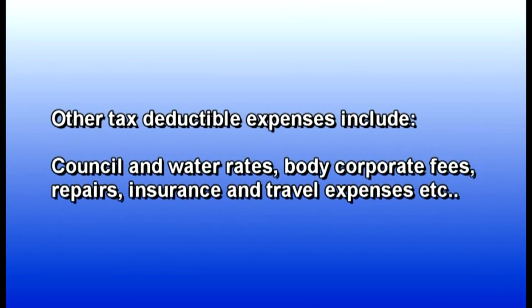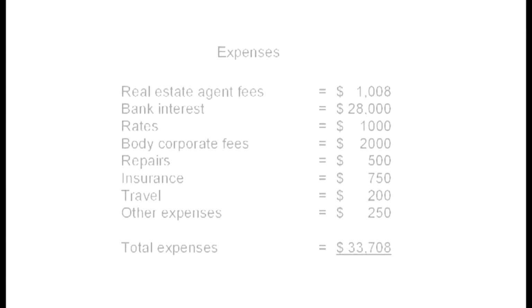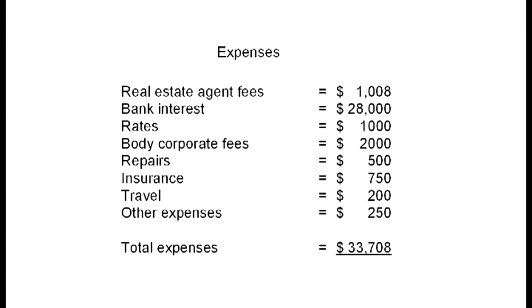Other tax deductible expenses include rates, body corporate fees, repairs, insurance and travel expenses. For this example, these expenses are as follows. We have the real estate agent fees, which were $1,008, and the bank interest, which was $28,000.